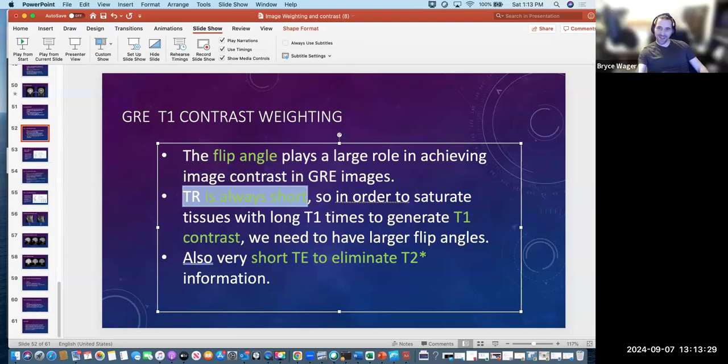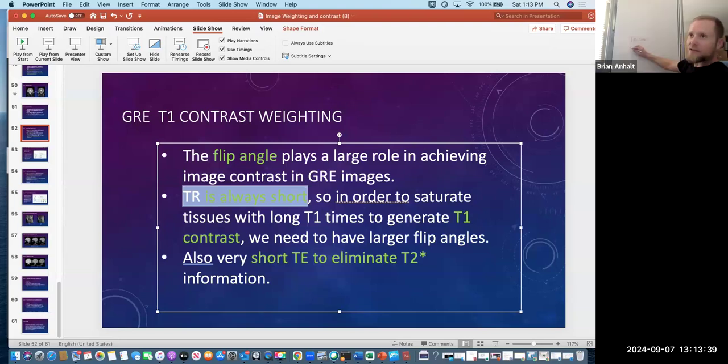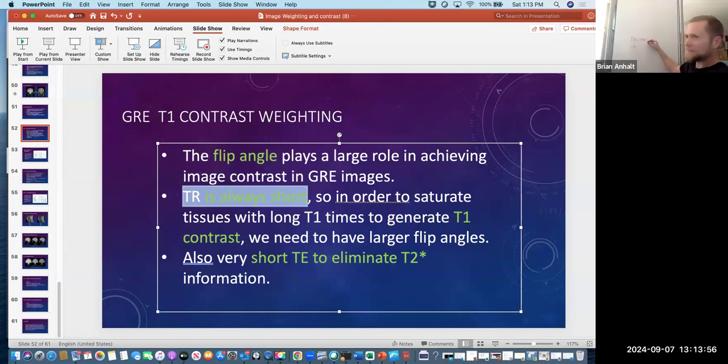And then we want to minimize the other two factors, which are the T1 and T2 star weighting. Minimize your T1 information. How do you do that? By allowing for full longitudinal recovery. How do I do that here? With my flip angle. You decrease it.